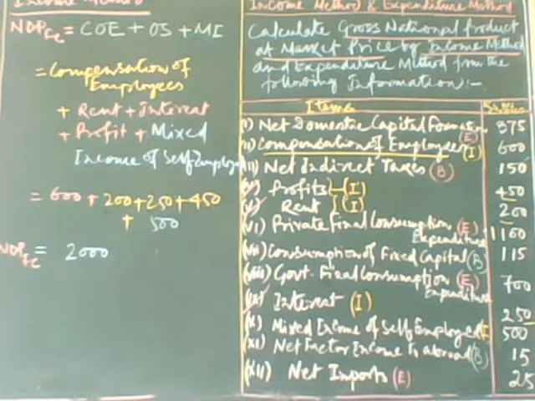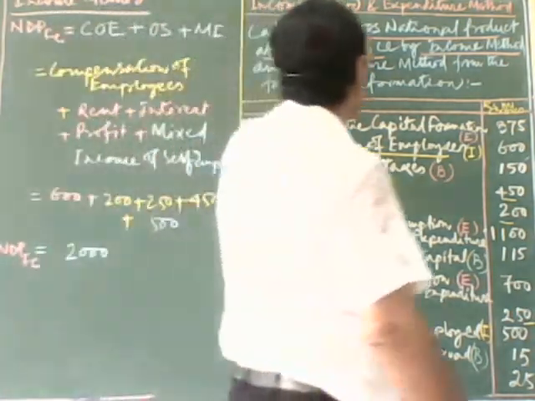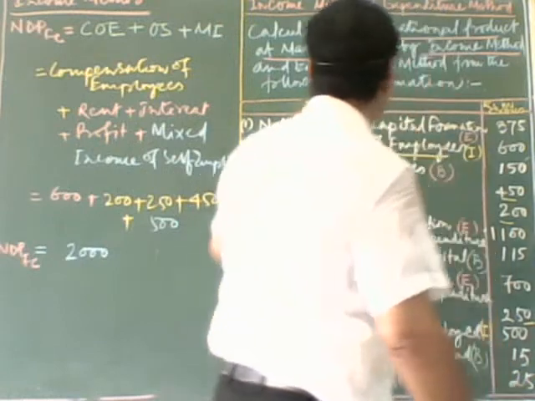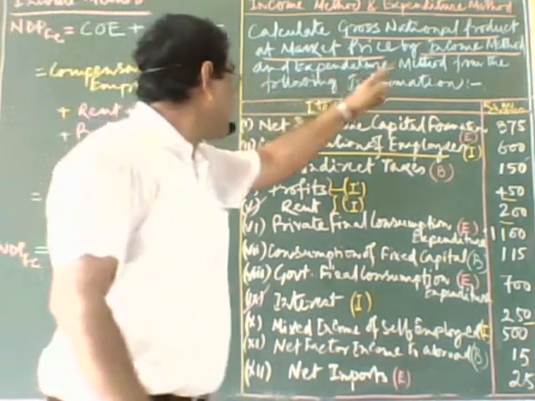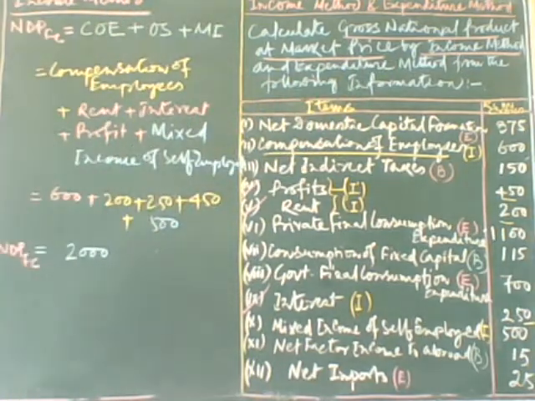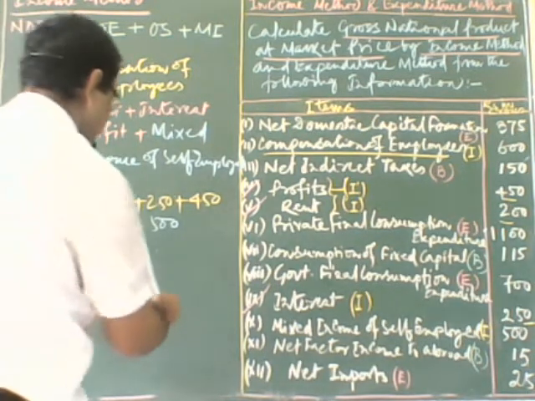Now, from this NDP factor cost, we have to calculate the value of gross national product at market price. Before calculating this, from net domestic product at factor cost, we have to follow the chart of the aggregates of national income.